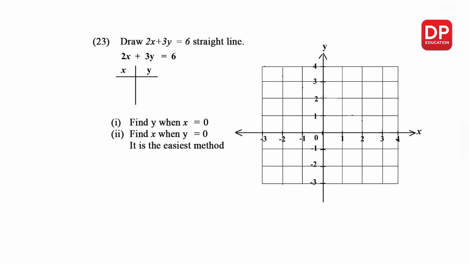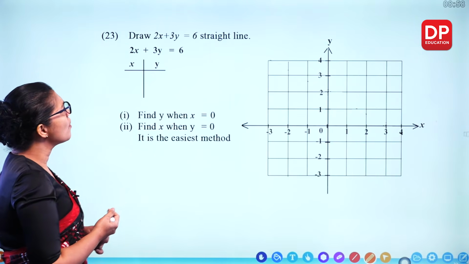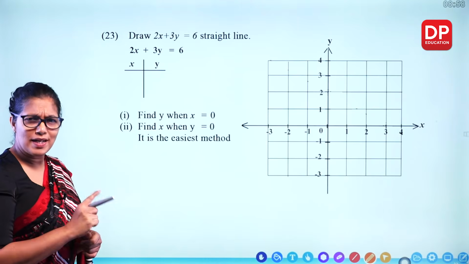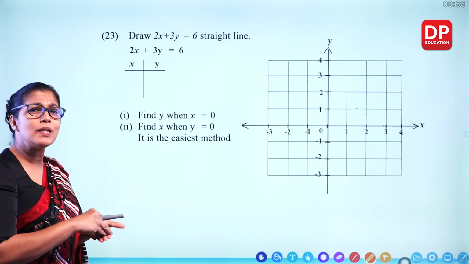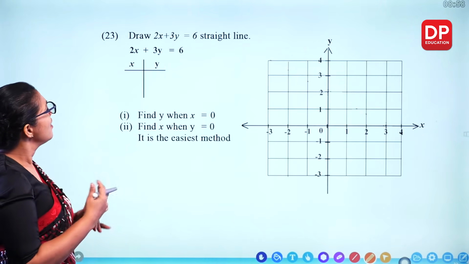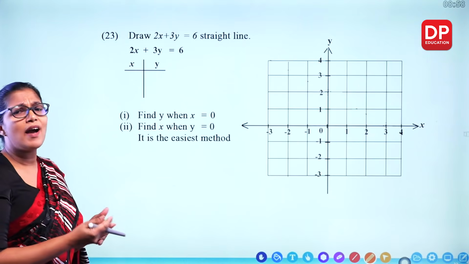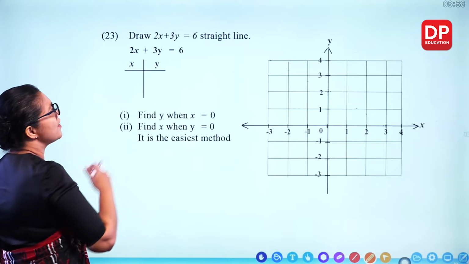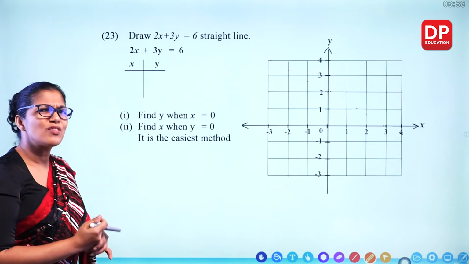Take this graph: 2x plus 3y equals 6. Now it's slightly different to what we did before. We did the y equals mx plus c form. Now this is 2x plus 3y all on one side and 6 on the other side. But this is also a straight line.